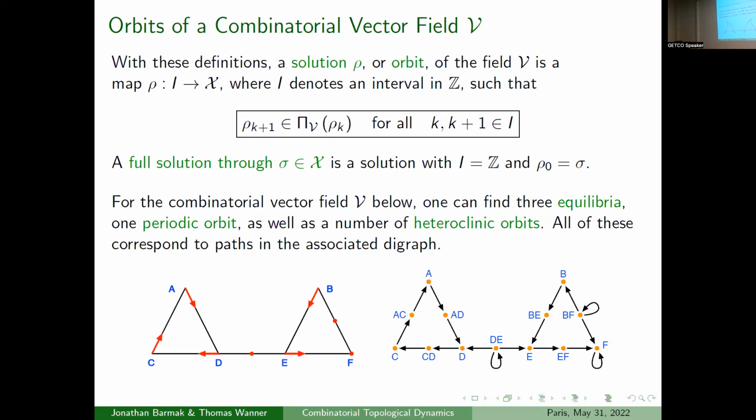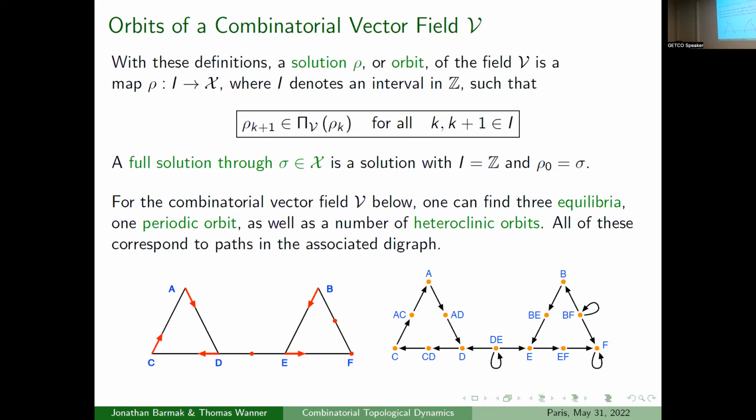The easiest way to analyze them is with this multi-valued flow map. I can associate a digraph where I have a directed edge if the target of the arrow is in the image of the source of the arrow. So for example, this combinatorial vector flow in the lower left has the associated digraph down here. And solutions really are just paths in that digraph, infinite paths.